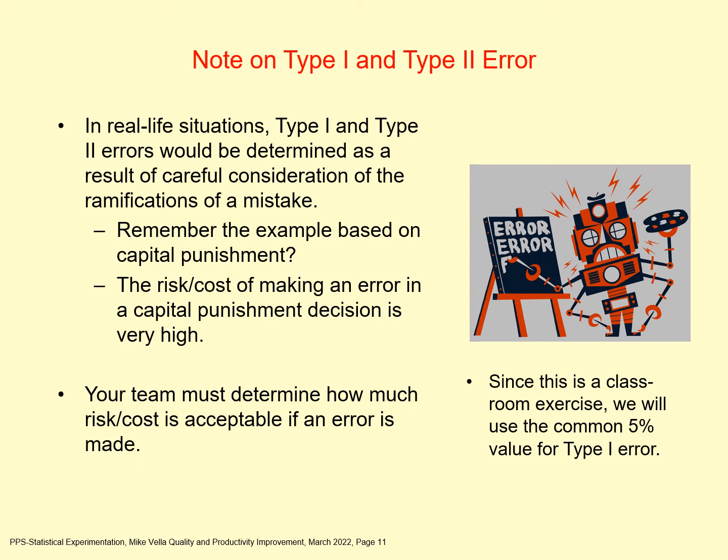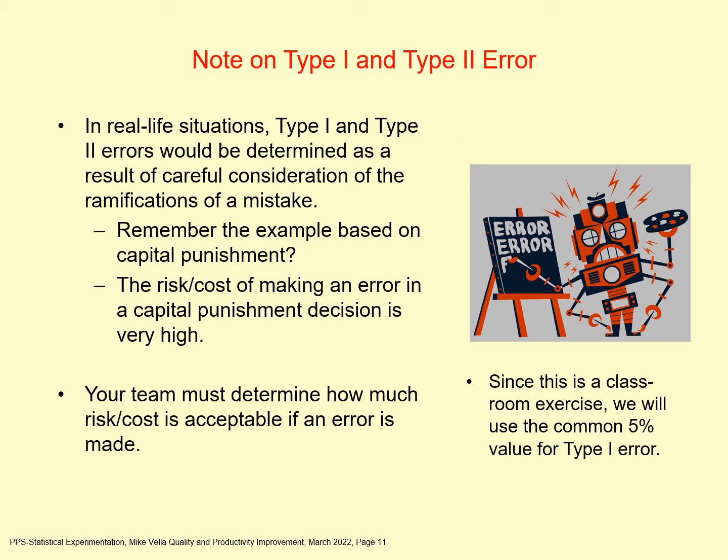In real-life situations, type 1 and type 2 errors would be determined as a result of careful consideration of the ramifications of a mistake. Remember, in the last module, we discussed the ramifications of error in capital punishment. The risk and cost of making an error in capital punishment is very high.